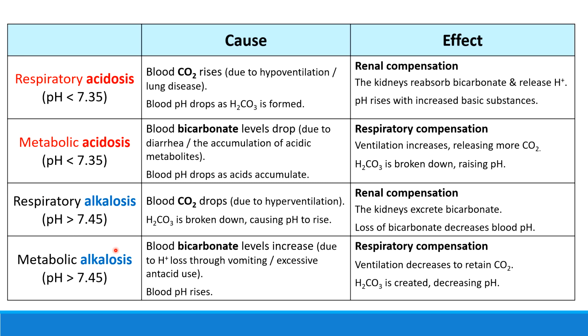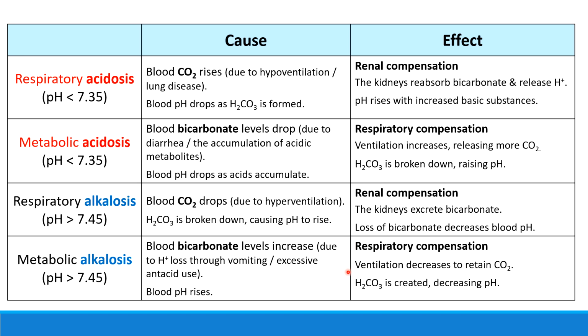In metabolic alkalosis, remember, it's not an issue with carbon dioxide. This is a bicarbonate problem. So in metabolic alkalosis, my levels of bicarbonate are very high. Remember, bicarbonate is basic, so I have a lot of it when my pH is too high. I'm going to address this with a respiratory compensation.